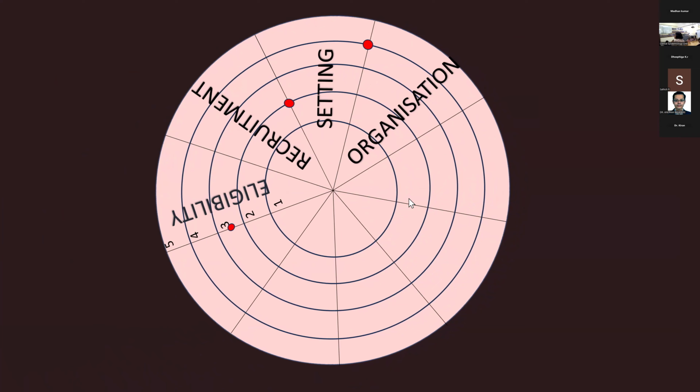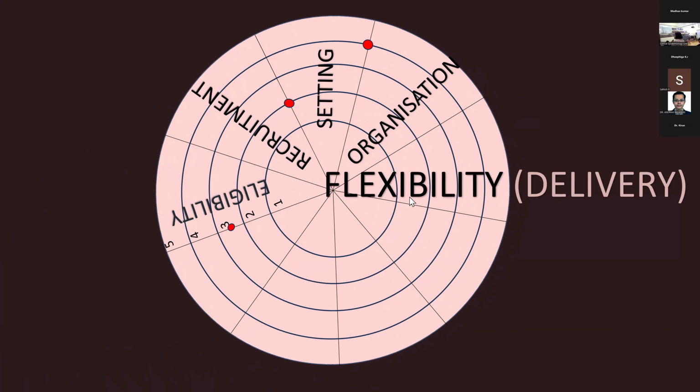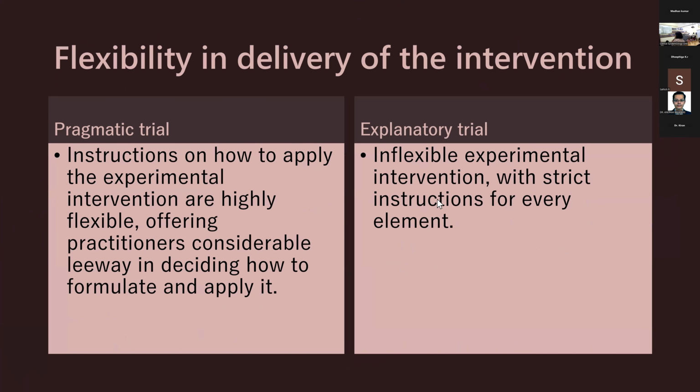Next, moving on to flexibility in the delivery of intervention and the usual care. In a pragmatic trial, the investigators are given the authority to provide the intervention as per their assessment.